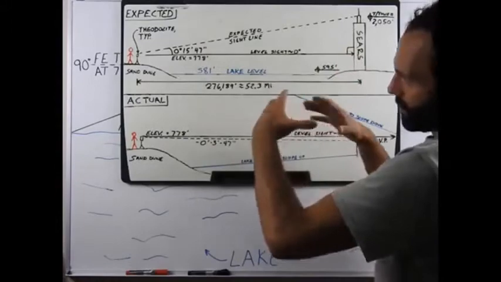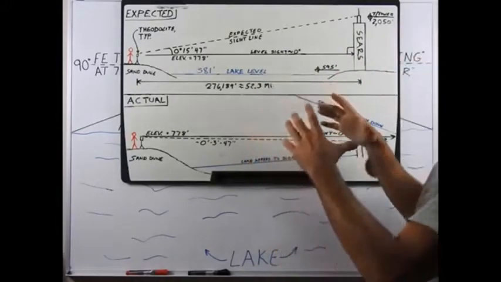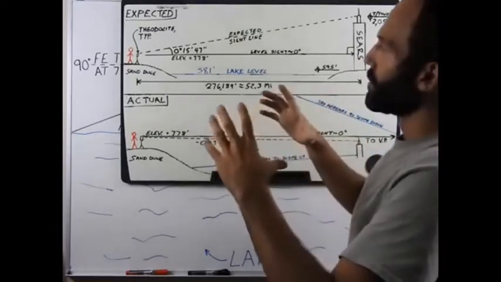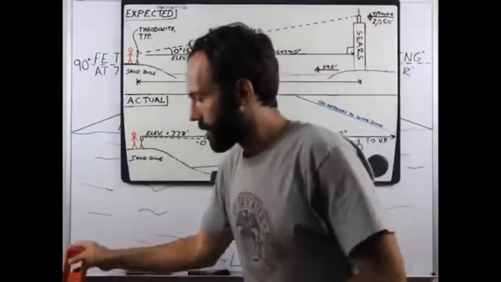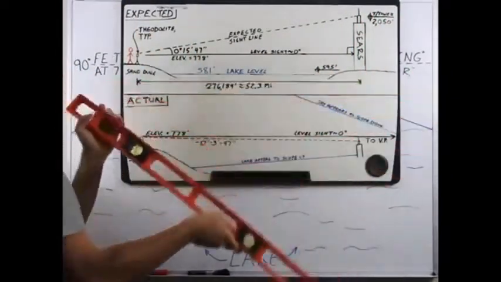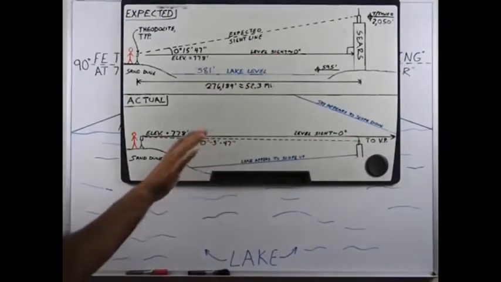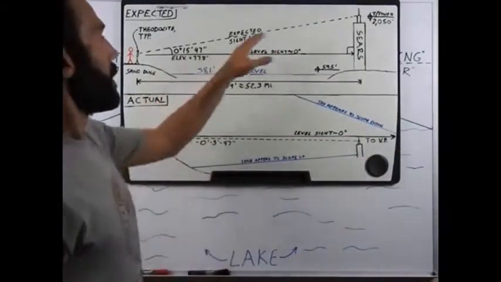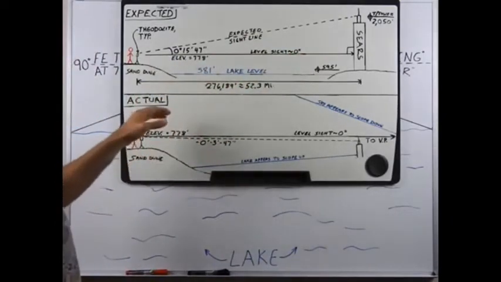The angle the theodolite should calculate from having to rotate the device up from a perfectly level view, assuming this is the perfectly level view from the theodolite right here, what angle would be measured by the theodolite, as shown. So this is simple trigonometry.